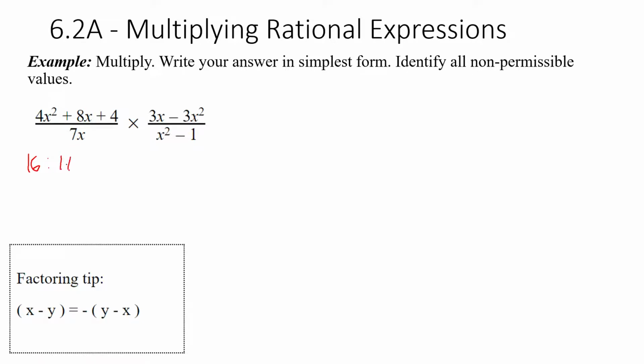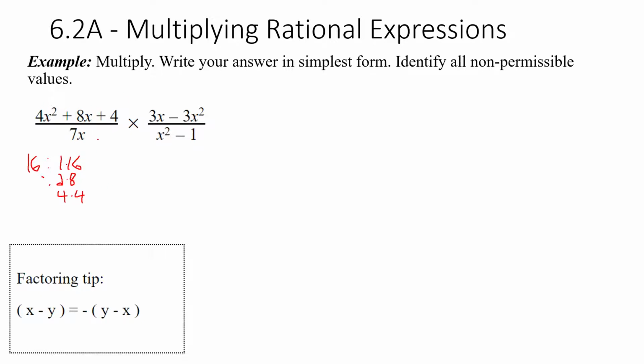So 1 times 16, 2 times 8, and 4 times 4. The only combination that will give us plus 8 is a positive 4 and a positive 4. So we have to decompose that middle term into that.